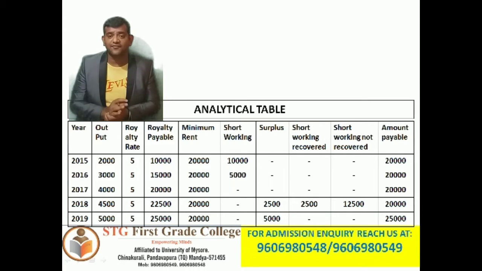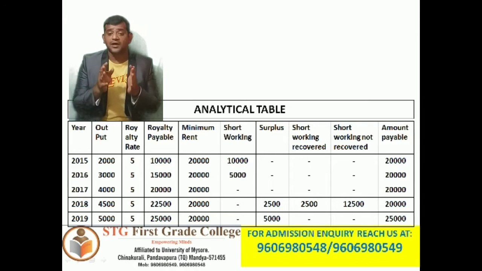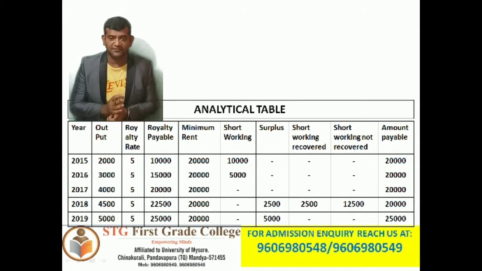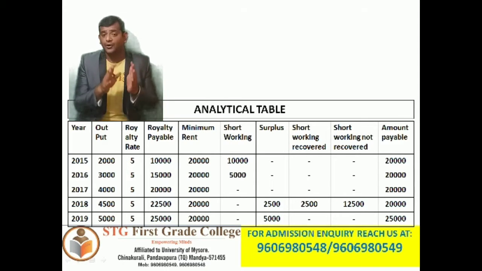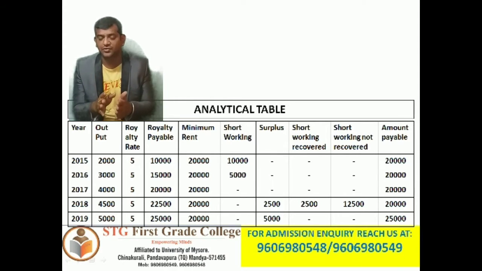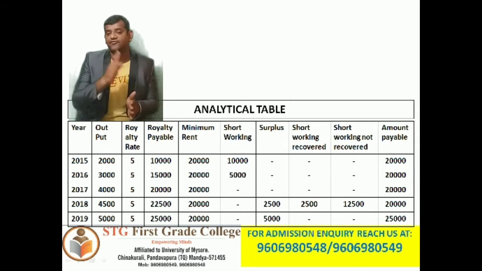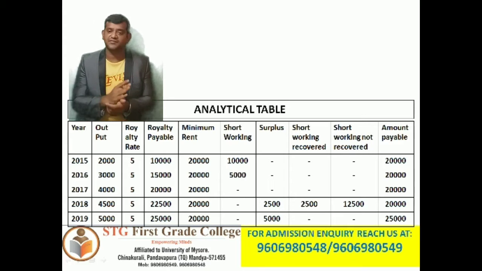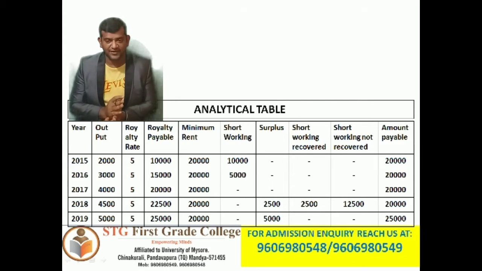Put together, 15,000 short working. Here I could recover only 2,500. Out of 15,000 we could recover 2,500. So the balance is 15,000 minus 2,500, short working not recovered is 12,500, and amount payable column is 20,000 rupees.